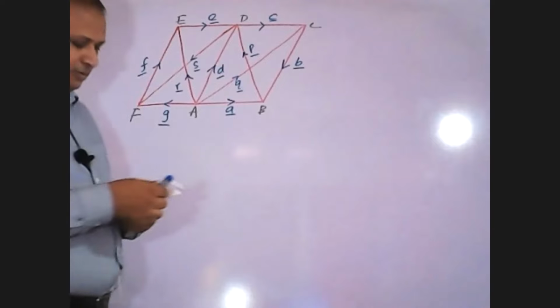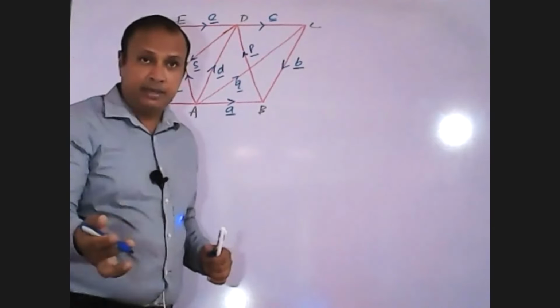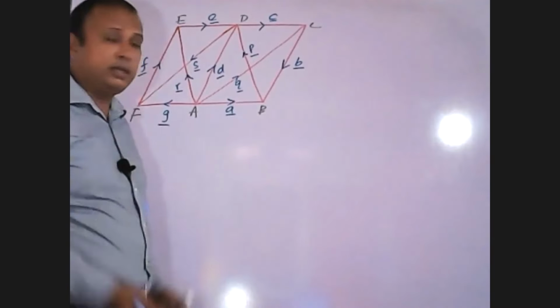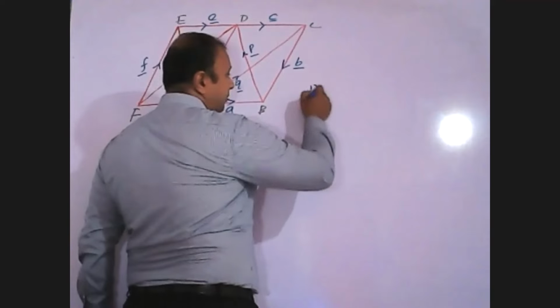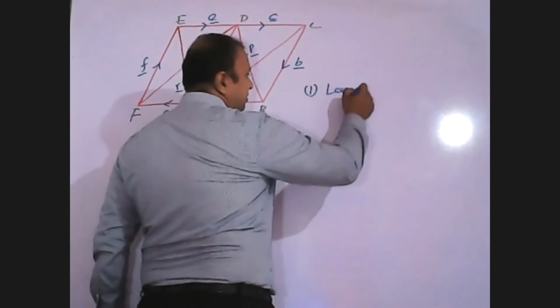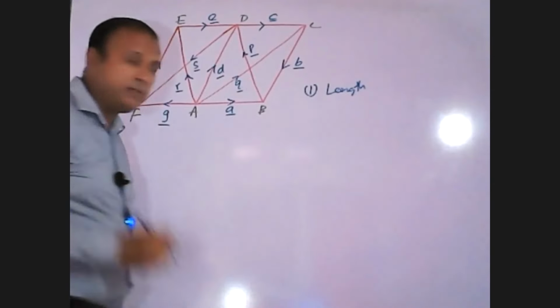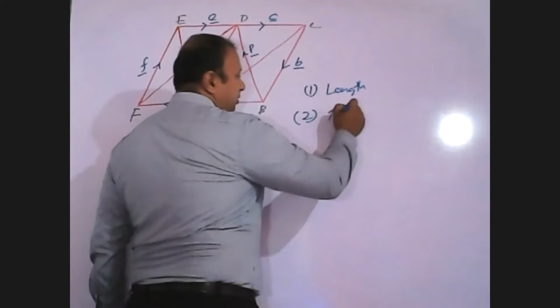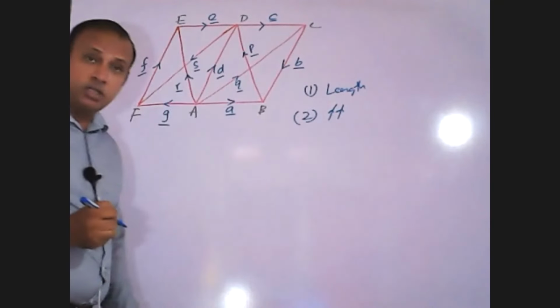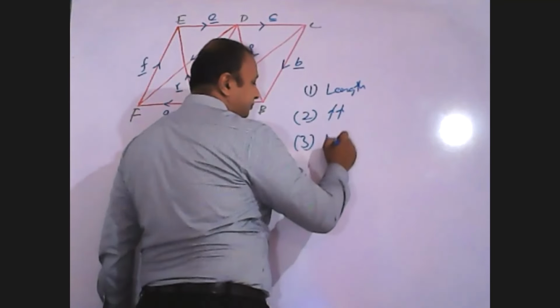When you are deciding whether it is an equal vector or a negative vector, you have to decide three things. The length of this line segment, then whether those are parallel or not. The third thing is the arrowhead.